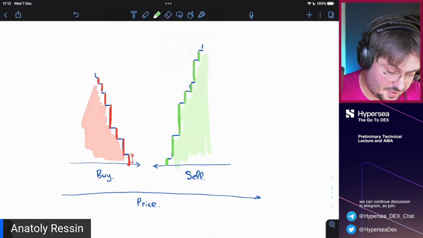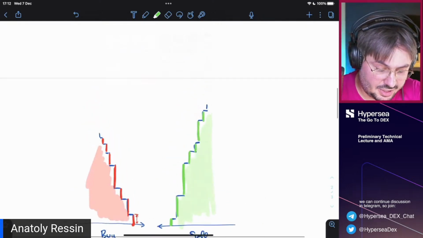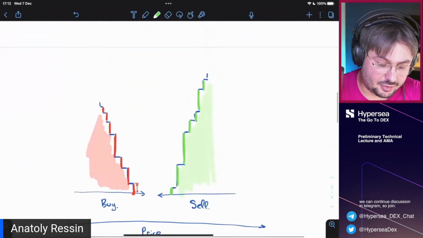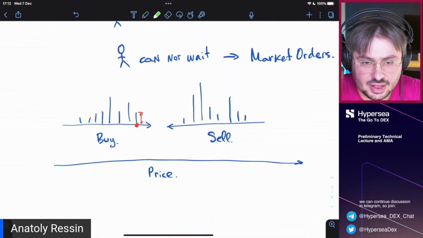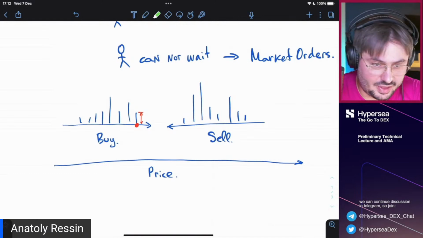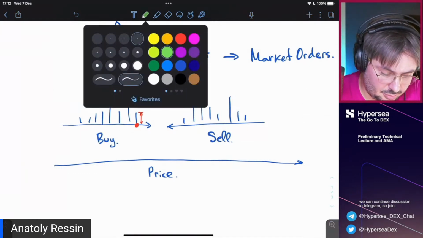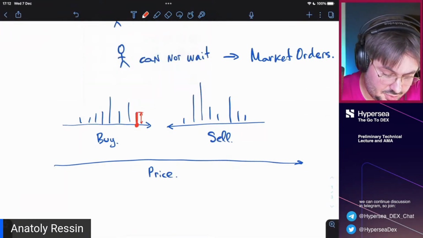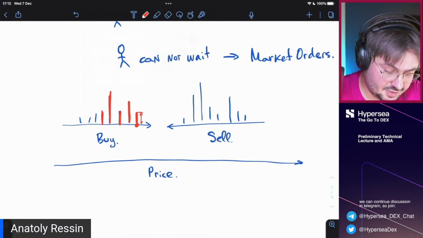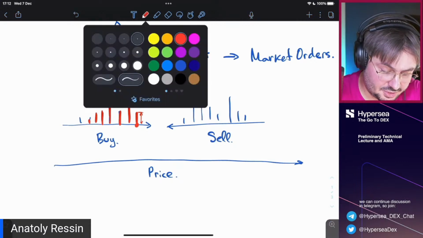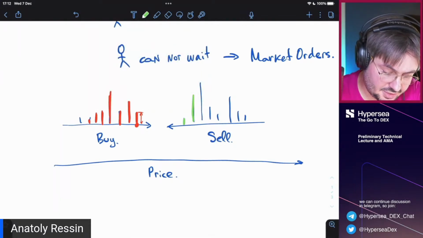But if we talk about the original representation, then actually we can talk about the distribution of the orders on the price scale.